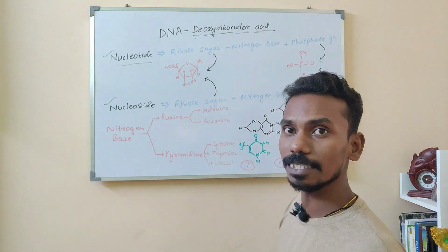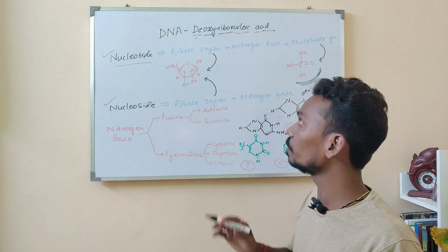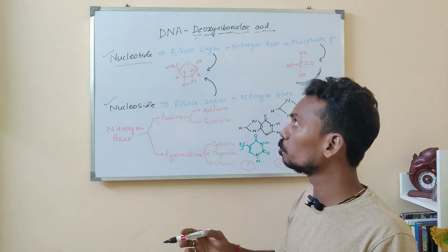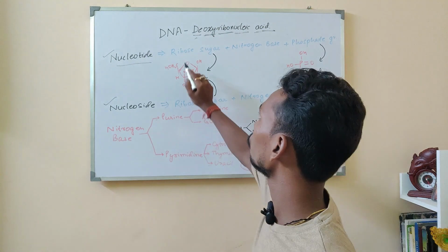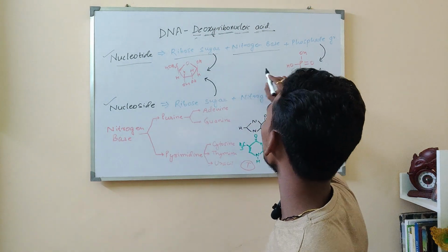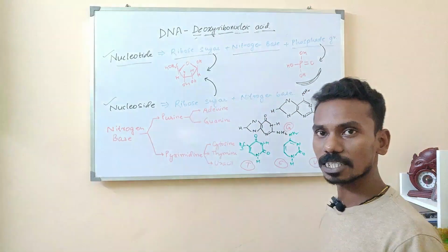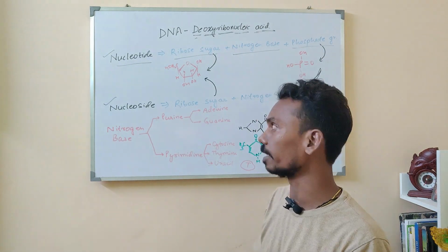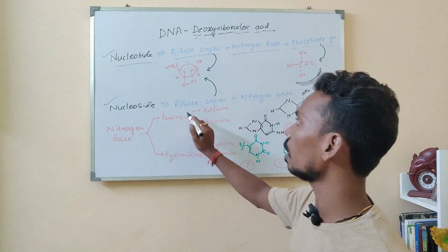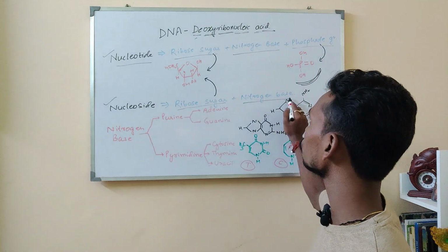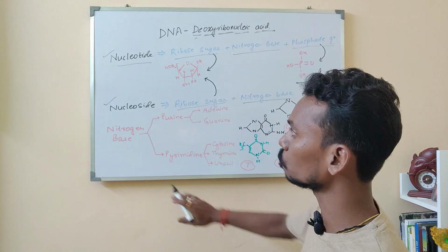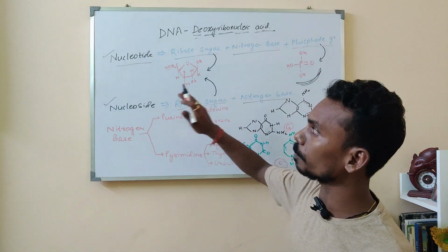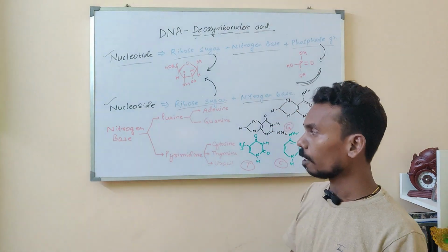A nucleotide is a molecule made up of ribose sugar, nitrogen base and the phosphate group. Whereas nucleoside, which is very similar to the nucleotide, is made up of ribose sugar and nitrogen bases. So there is no phosphate group in case of nucleoside, and one phosphate group is obviously present in case of nucleotide.